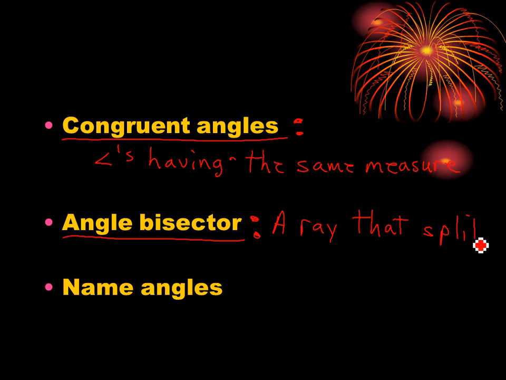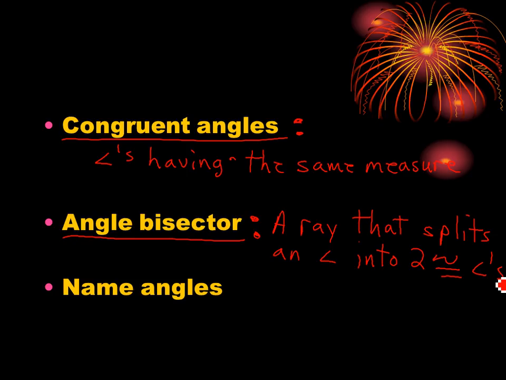Splits an angle into two. I'm not going to say equal. What's the geometrical term for equal? Congruent. So two congruent angles here, just because it's easier to write than parts. So a ray that splits an angle into two congruent angles.